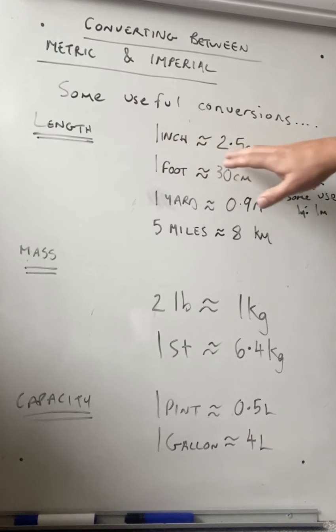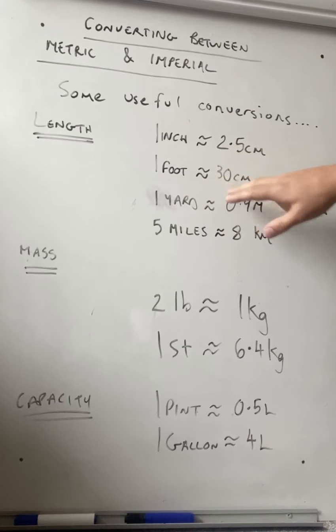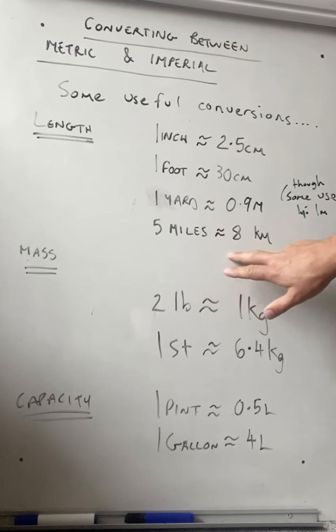So 1 inch is approximately equal to 2.5. 1 foot is approximately equal to 30. Working with 1 unit of something is quite nice and easy because you can easily times that up. But the miles and kilometres ratio that I use is 5 and 8, which isn't particularly nice and easy because it's not a unit ratio. But you could make it into a unit ratio, and this will be the first bit I'll show you about ribboning.